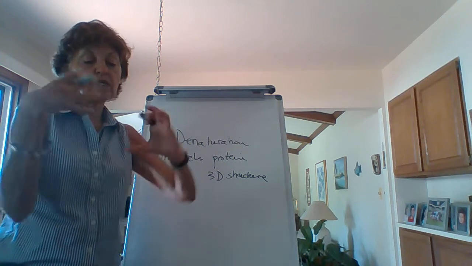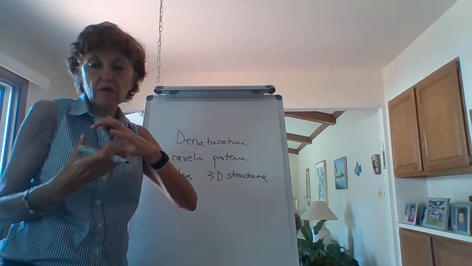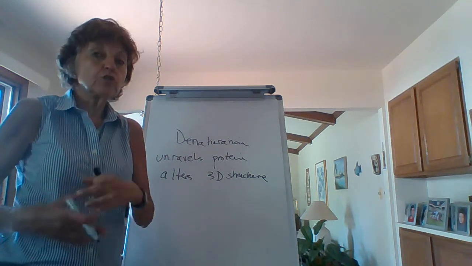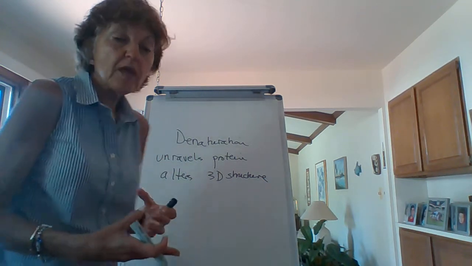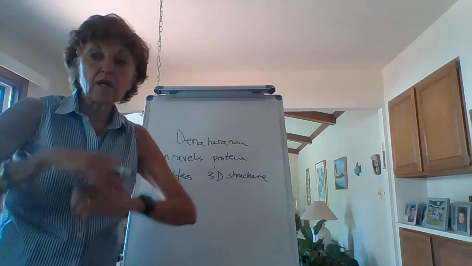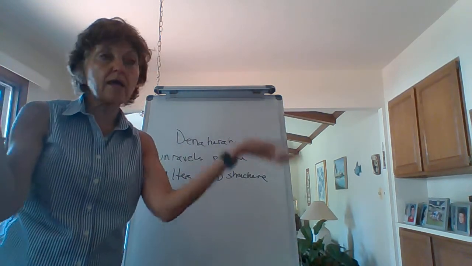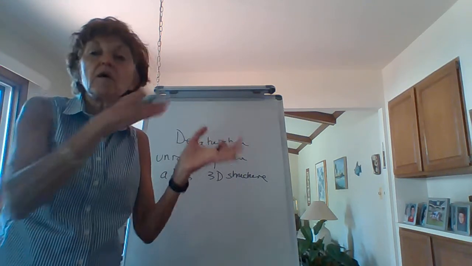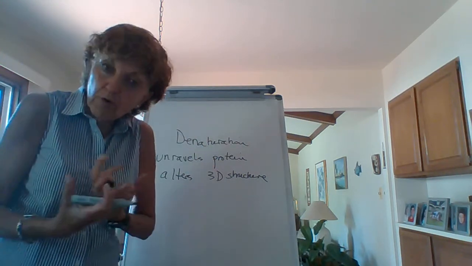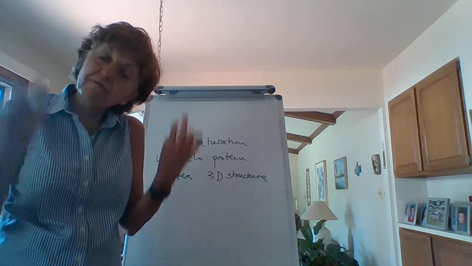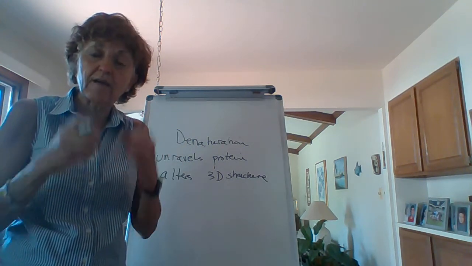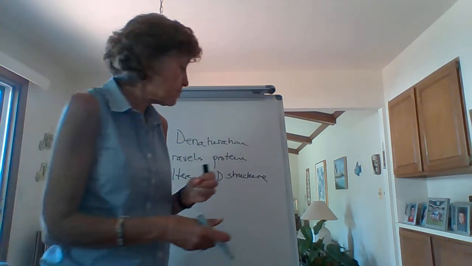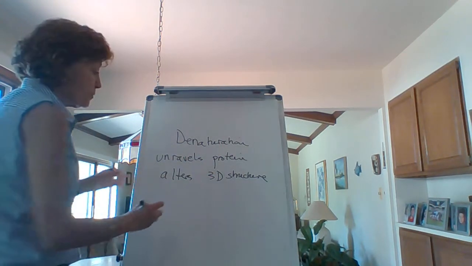If a protein needs to be folded in a specific way in order for it to be functional, in order for it to do what it's supposed to do, and you denature it, you open it up, and now you've got all these amino acids. They're still in the same order, but they're not folded correctly. And remember, that folding is really what gives that final 3D shape that makes it a functional protein. How are you going to denature a protein?